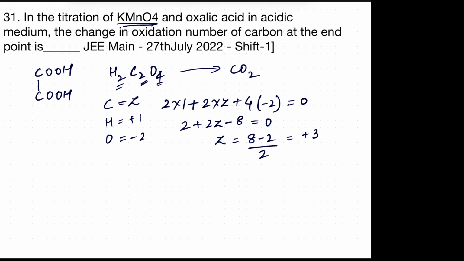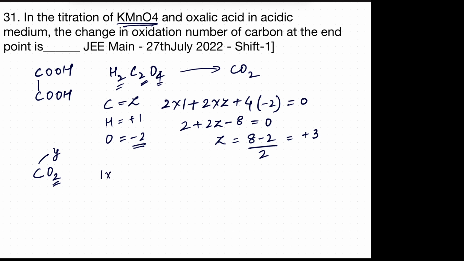Now in carbon dioxide, let the oxidation state of carbon be Y. Oxidation state of oxygen is -2. So oxidation state of carbon in carbon dioxide can be calculated as, now there is one atom of carbon in each molecule of carbon dioxide.